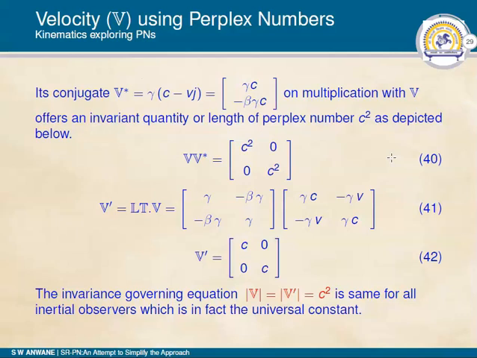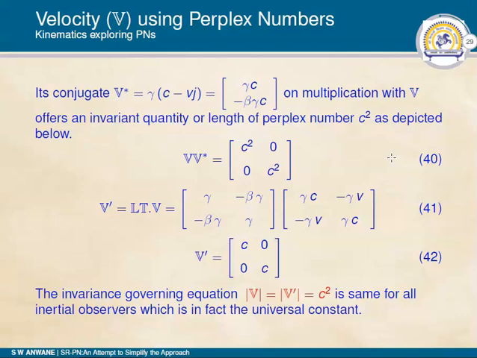We can have a 2 by 1 matrix so that we can consider it for multiplication, and if you work out V V star, you will be able to obtain a determinant c squared, 0, 0, c squared, equation number 40, that contains only the real part and the imaginary part is 0.